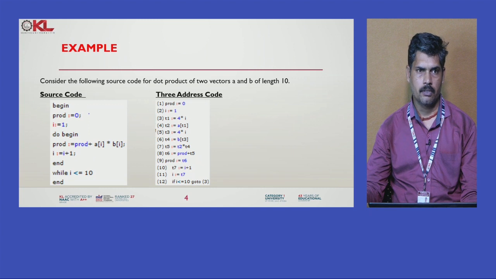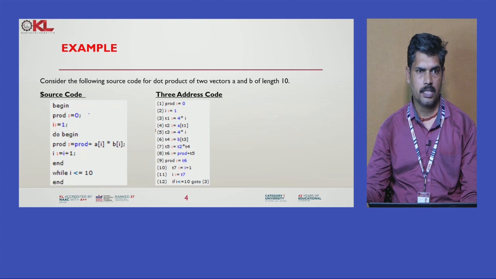For example, take a program code where we define product as 0 and I equal to 1. Then we define the loop: in the loop, product equals product plus A[I] into B[I].